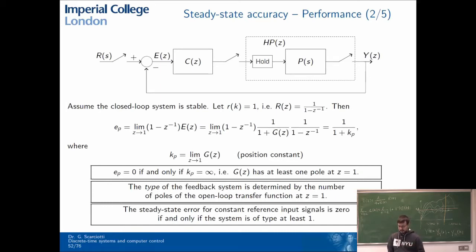If it doesn't have any pole, the system is of type 0. If it has two poles in 1, then the system is of type 2, and so on. So this basically implies that the steady state error for constant references is 0 if and only if the system is of type at least 1.